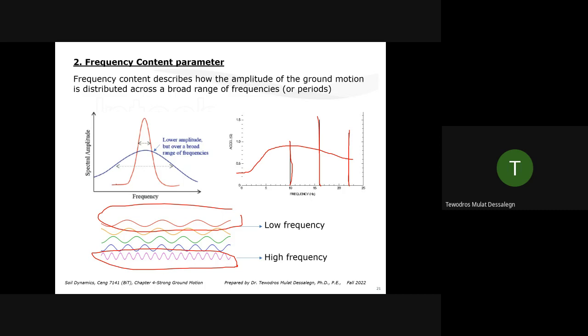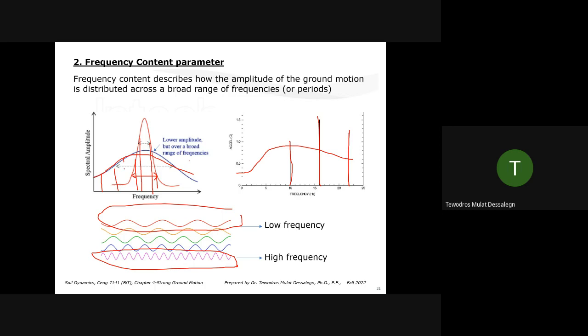So an earthquake with a larger peak acceleration but a narrow band of frequency is not that significant compared to a slightly lower peak with a larger frequency content. They're wide. Because if it's narrow, it's going to damage buildings with this frequency. But if it's wide, then any structure is being felt, anything around here.